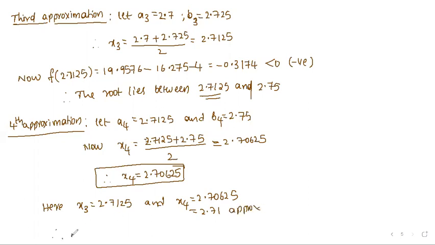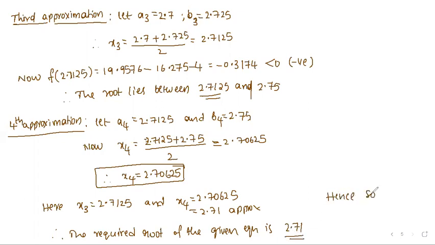Therefore the required root of the given equation is 2.71. Hence solved. So this is the way we have to find any problem by using bisection method formulae to find the root of the given equation. Thank you so much.